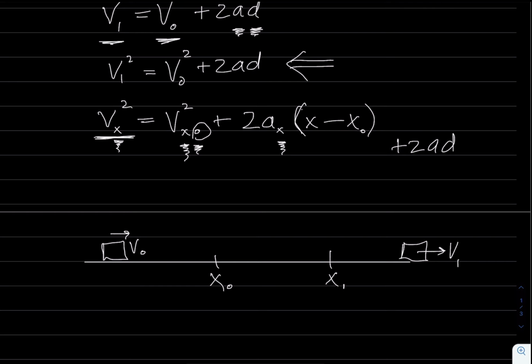So in our equation above, actually, let's go back up here, we can say x sub 1 minus x sub naught. You get it? X sub 1 minus x sub naught is the distance under which the acceleration was applied. I just called that d. They're just saying pay attention to where the acceleration started and where the acceleration ended, so you know through what distance the acceleration was being applied.